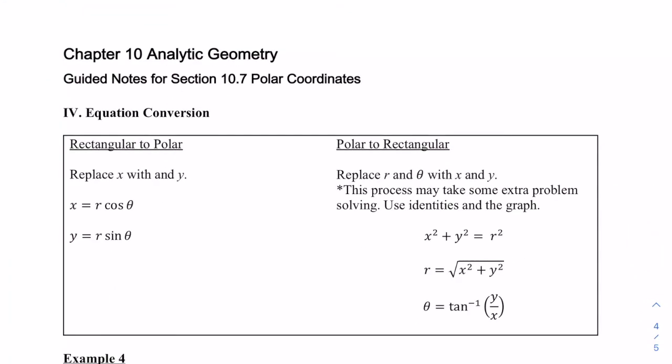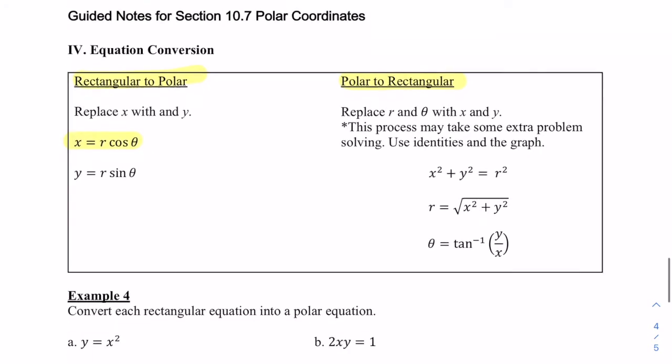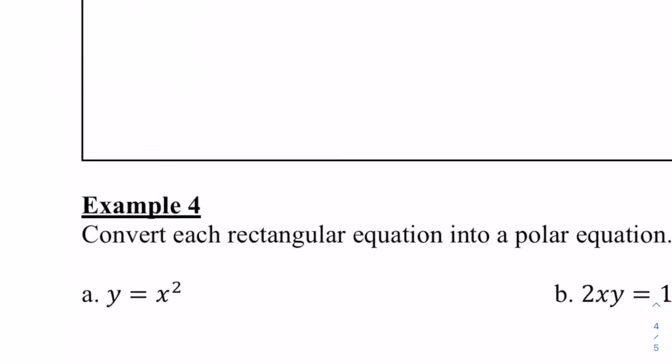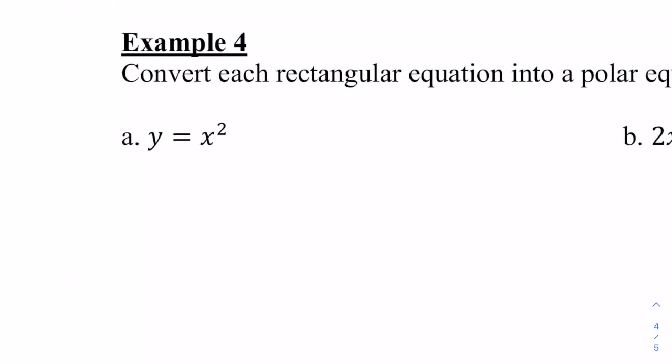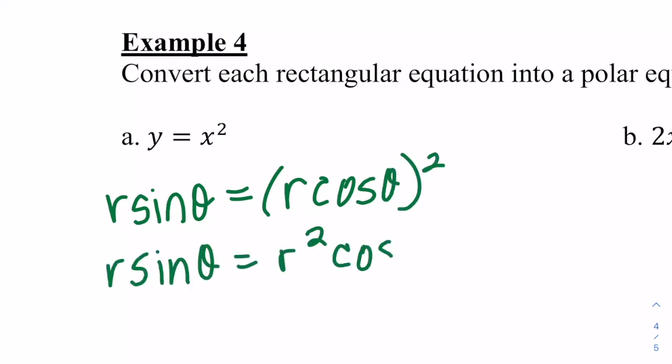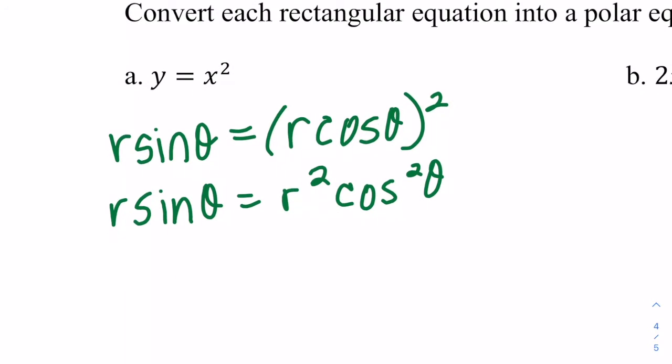Okay, let's convert equations from rectangular to polar form and polar form to rectangular. When we convert rectangular equations into polar form, we just need to substitute in r cosine theta for x and r sine of theta for y. So for the first one, we'll have r sine theta equals r cosine theta squared. So I'm just going to simplify this, divide by r, so we'll get sine of theta equals r cosine squared theta.